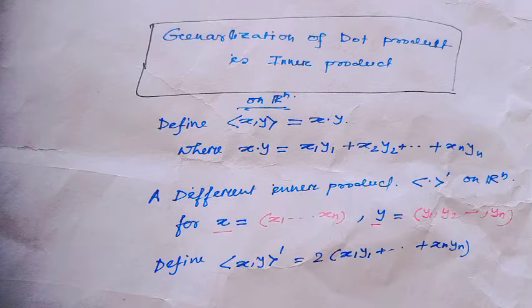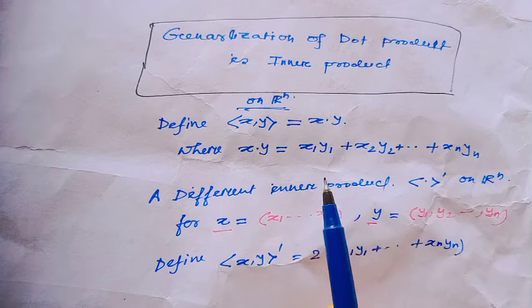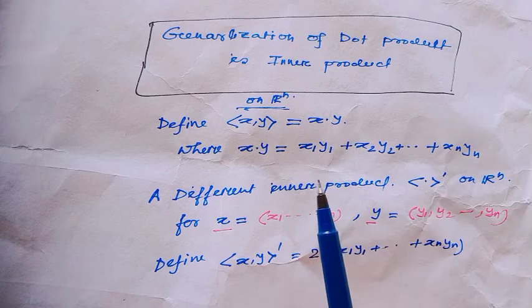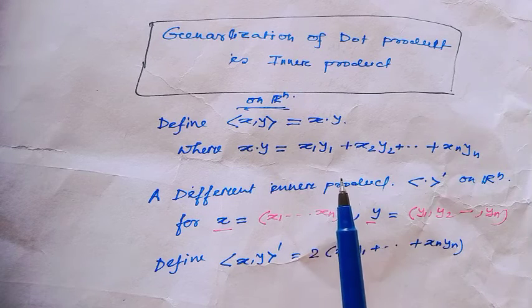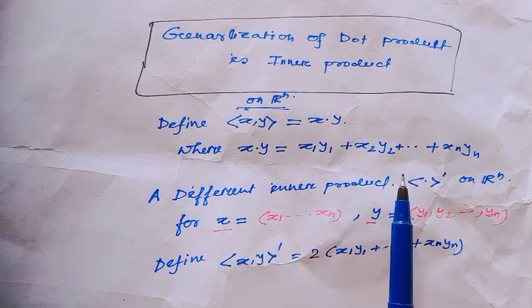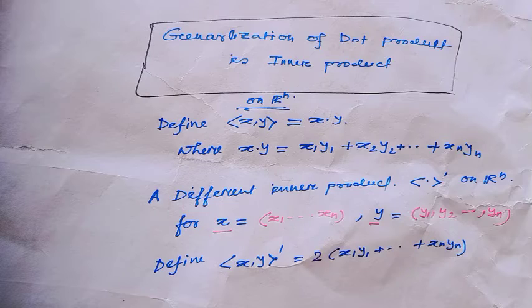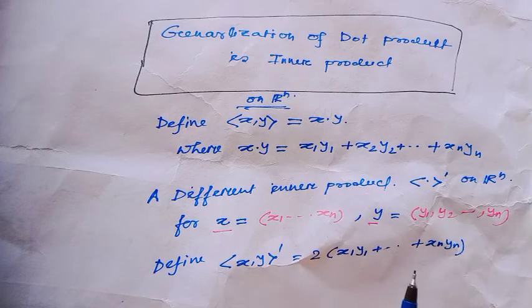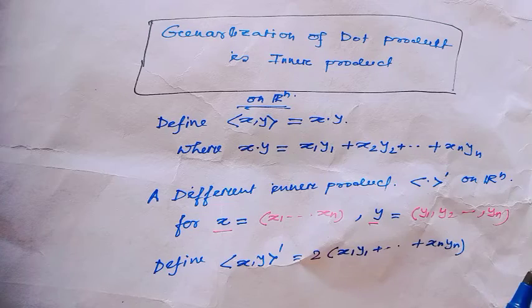Different type of inner product on the vector space R^n. Since inner product is a generalization of dot product, as I had seen in my earlier video on R^n, inner product is defined as x1 y1 plus x2 y2 up to xn yn. But there also exists a different type of inner product on R^n.